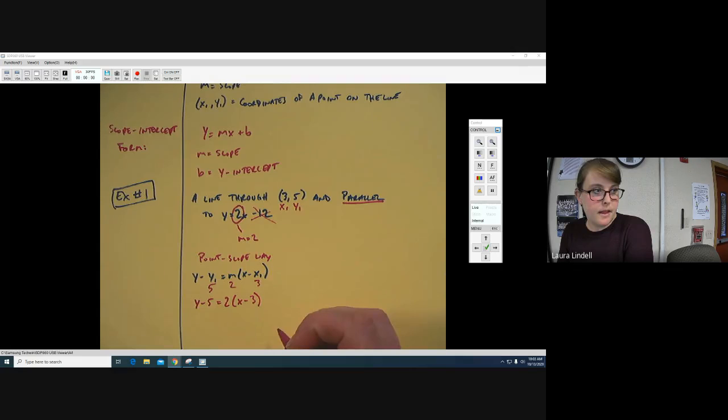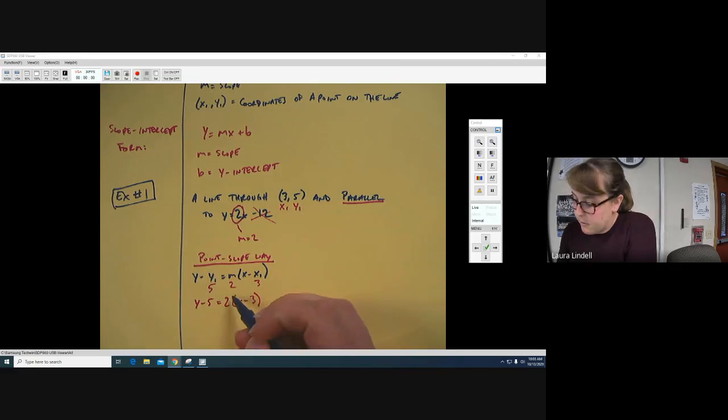Okay. So that is the equation of the line. And if you were to plug this into a grapher like Desmos or something like that, it would show you the line. But what we want to do next is simplify things a little bit and put it into slope-intercept form. So the way that we do that is that we just solve for y.